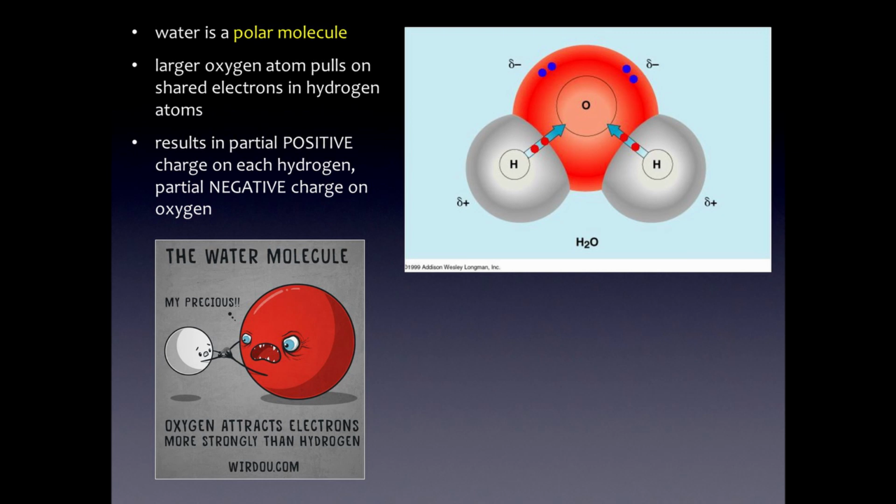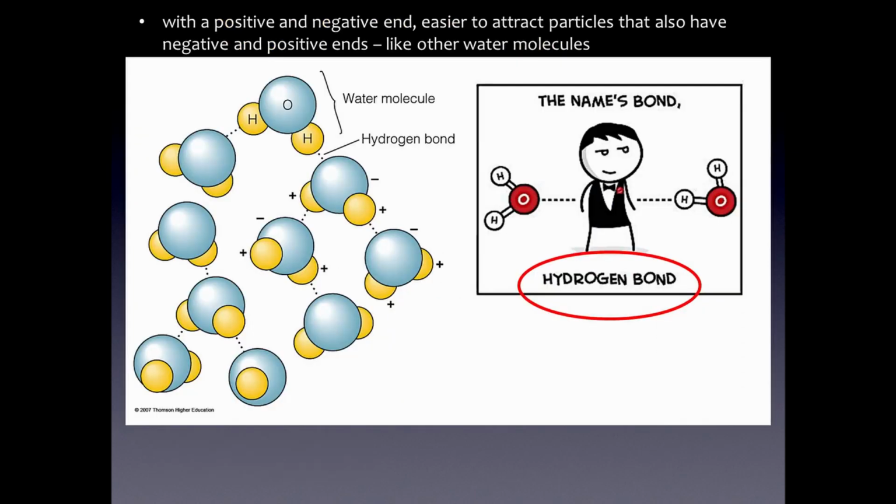It attracts the negatively charged electrons towards it, so it has more of a negative charge. The hydrogen atoms have more of a positive charge. So now we have a molecule with a positive end and a negative end. It's electrically asymmetrical.